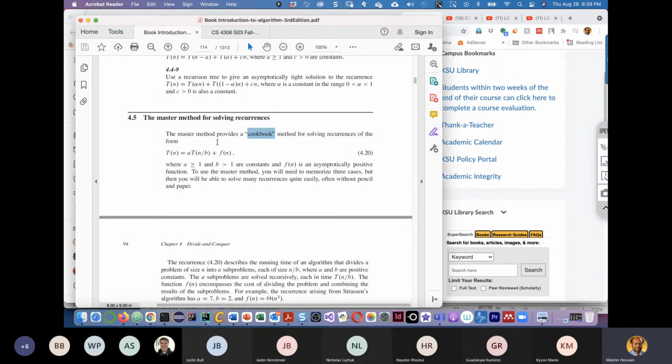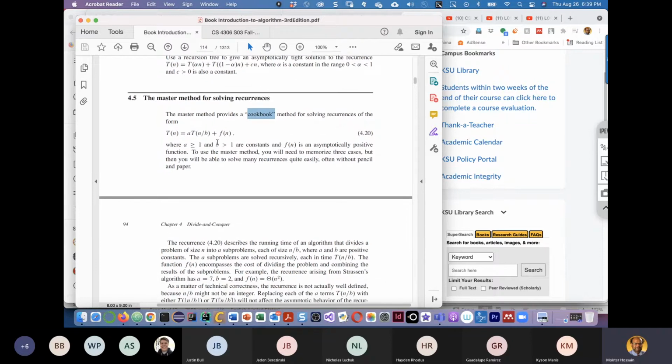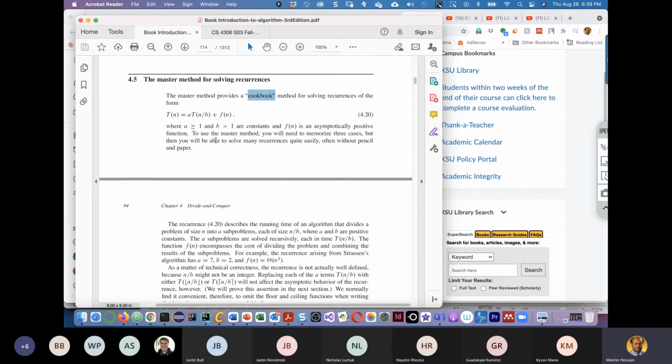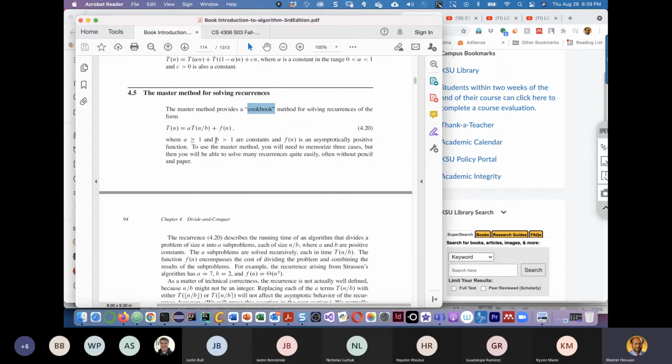In our last lecture, we discussed a little bit about Master Theorem, and maybe I asked you to read this section if you have time.